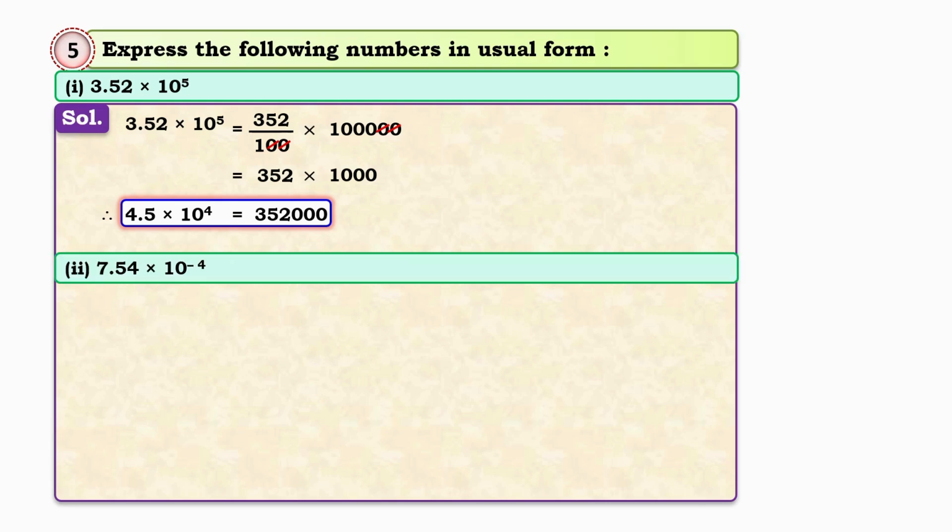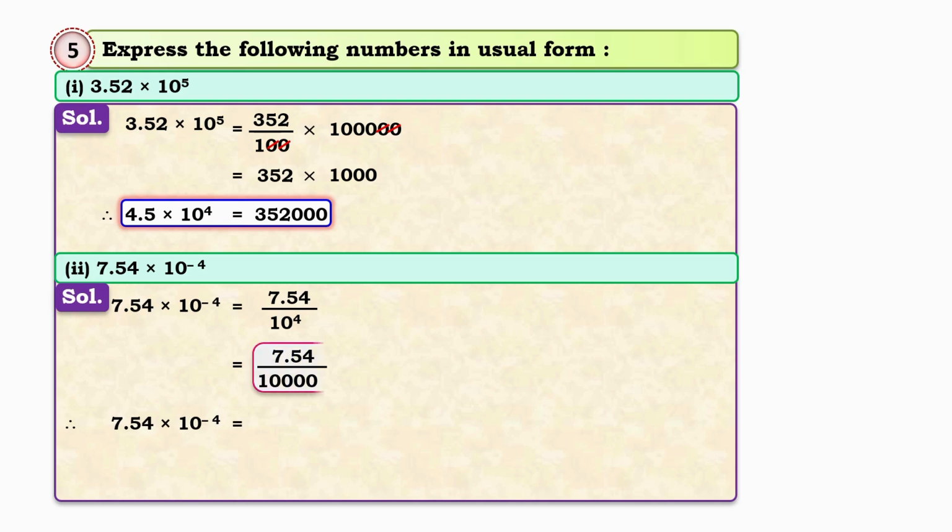Now let us take a look at another problem to find the usual form. Standard form is given. So 7.54 first. We need to convert it. So 7.54 by 10 to the power 4. Now if you do the conversion, you will get the final answer as this.